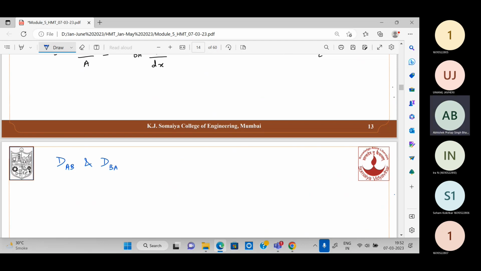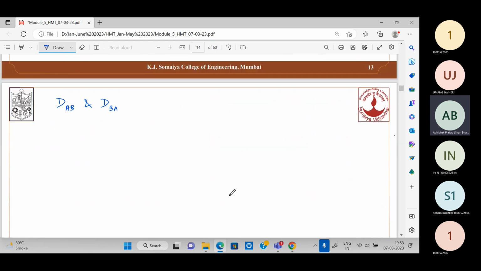Basically, Fick's law in terms of the diffusional molar flux Ja, the molar concentration Ca and the mass diffusivity DAB can be expressed in a mathematical expression.